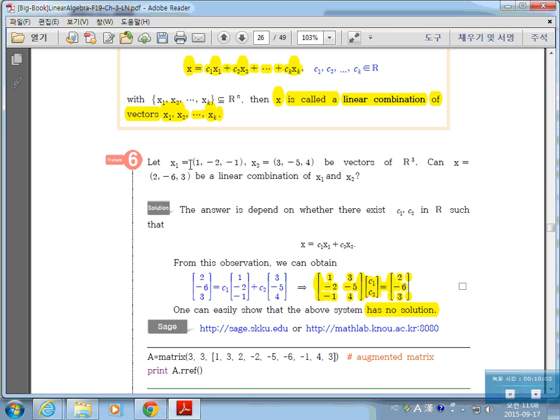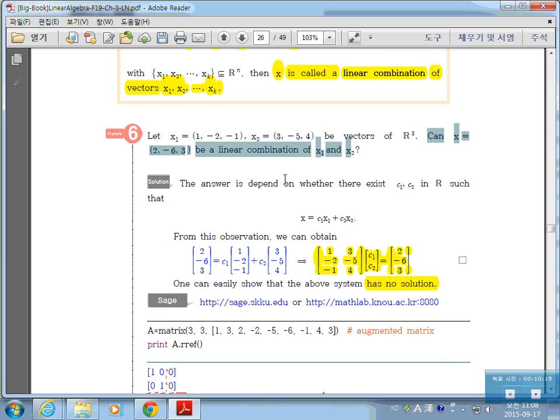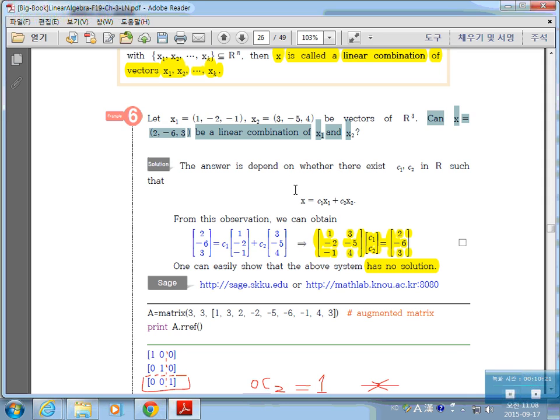So let x1 and x2 be given in R3. Then can x equal to (2, -6, ...) be a linear combination of x1 and x2? How can we tell the answer? All we have to do is let x equal c1x1 plus c2x2 and then solve this.